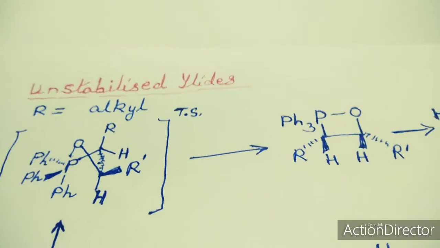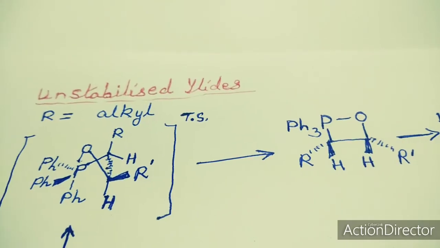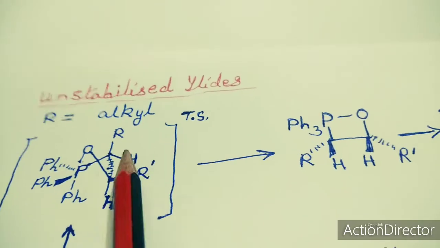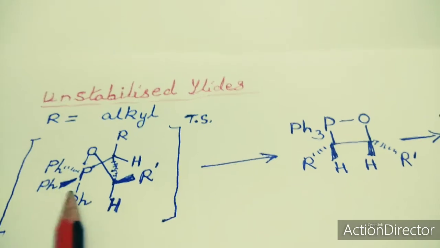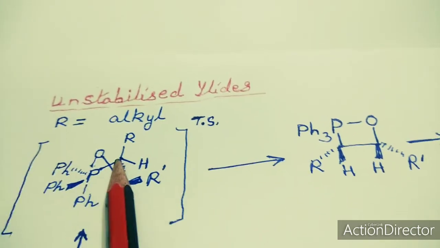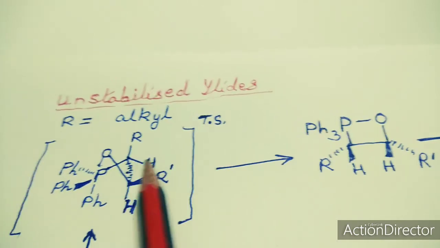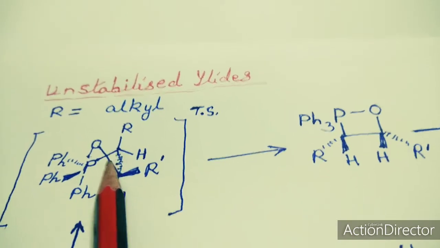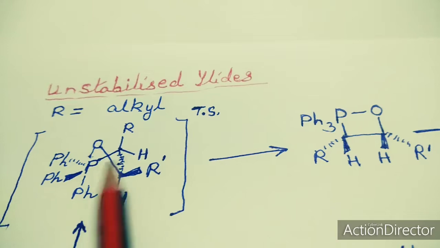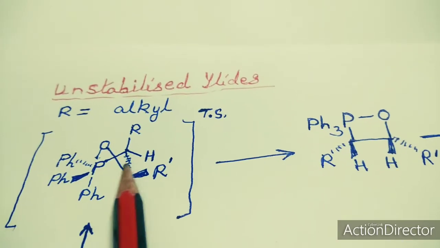So this type of halide is an unstable halide where Ph3P+, C will be the anion, that is C negative, HR, and this R will increase this negative charge further. Hence it is called an unstable halide.